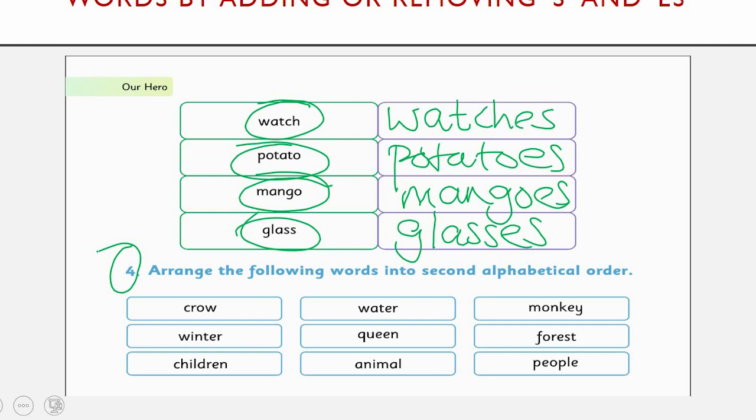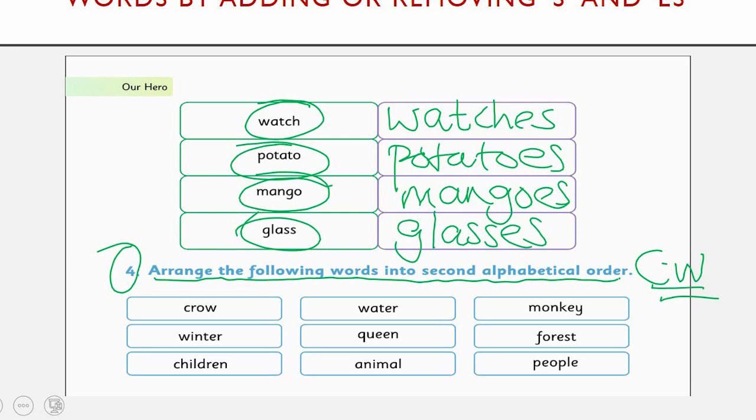Question number 4 is also your classwork. As I mentioned earlier, question number 4 is different. It says, arrange the following words into second alphabetical order.